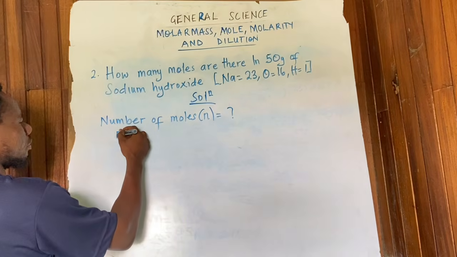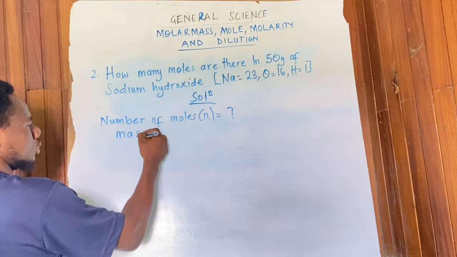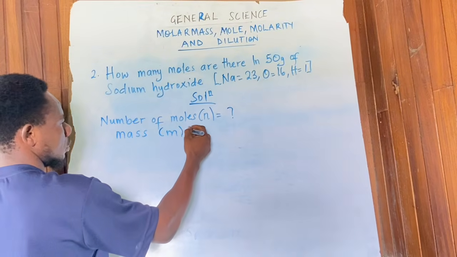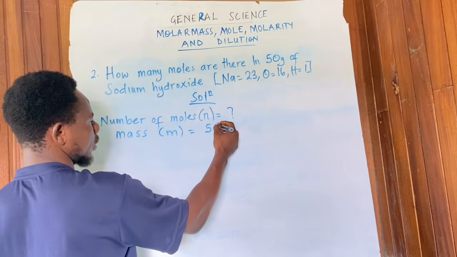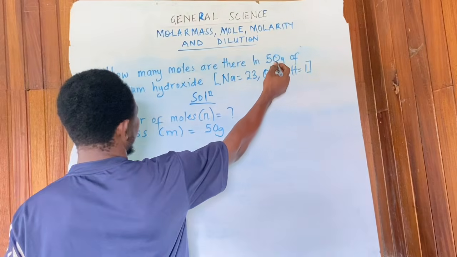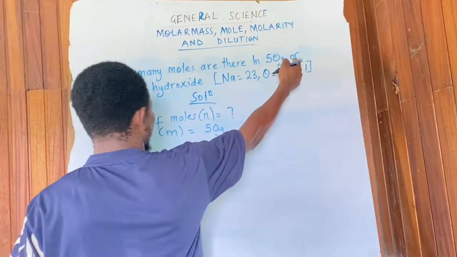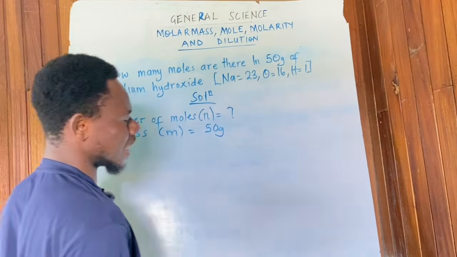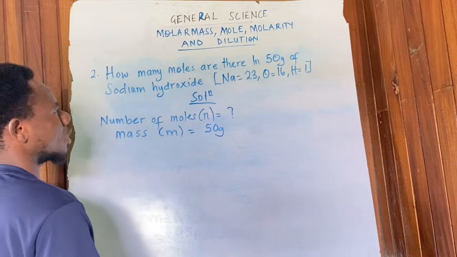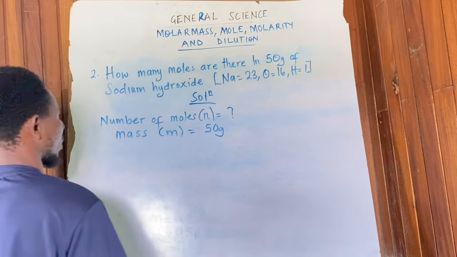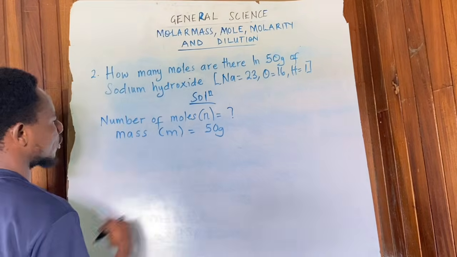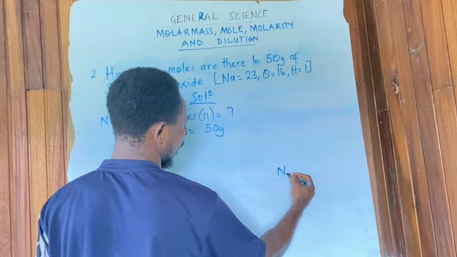We have been given the mass: m is 50 grams, given in the question. We have been given a substance, which is sodium hydroxide. Sodium hydroxide is NaOH.